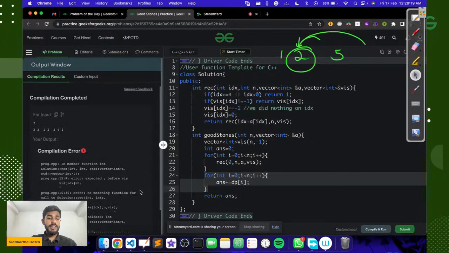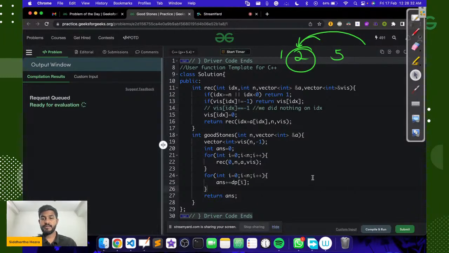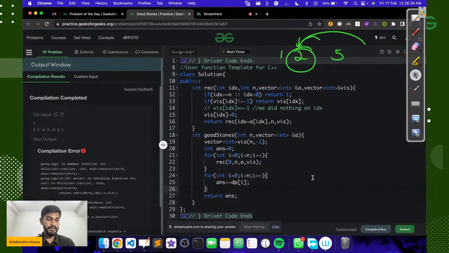So now let me see. We need to comment this out also. So return dp, return. Okay, this will be good. I'm just writing dp every time. Did I miss something?